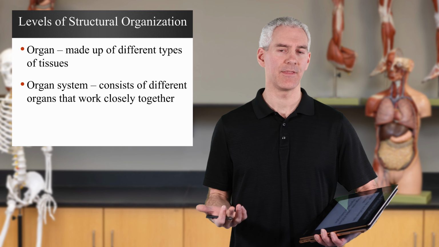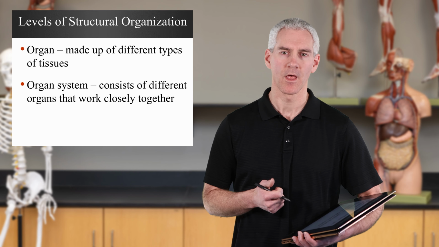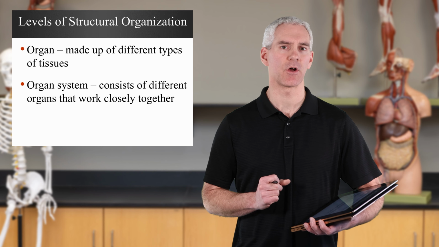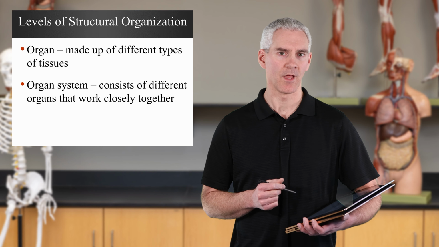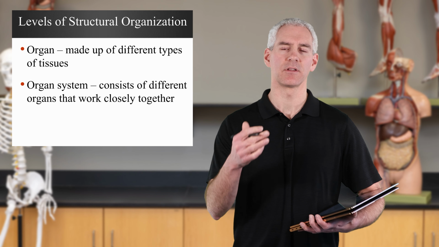But they all work together to create your entire muscular system. But in total, there are 11 different organ systems. So this organ system level consists of 11 different systems. The trick is, can you think of all 11 different organ systems? So take a try. See if you can think of them all for a second now.